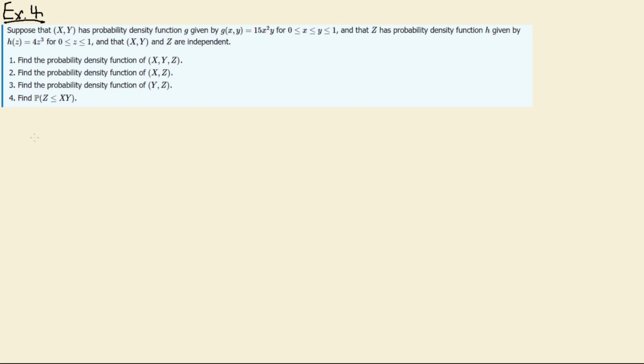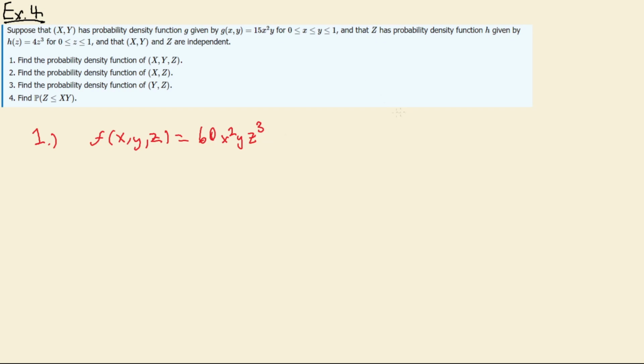So our joint probability density function for all 3 of these variables, let's see, what's a good name for this? I'll just use f, since they use g and h, is going to be f of x, y, z. This is just going to be the product of the marginals in this case. So 15 times 4 is 60, and then we have x squared y z cubed.